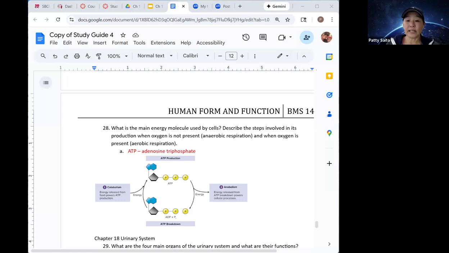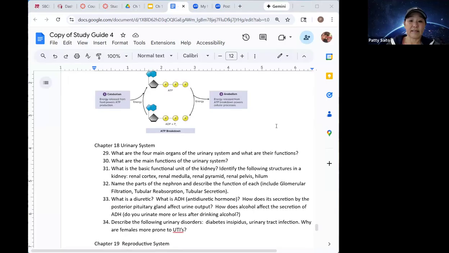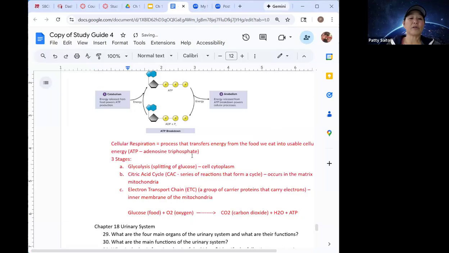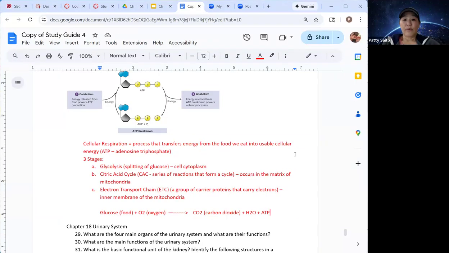Let's take a look at what this process is and how it works in our bodies. Cellular respiration is a process that transfers energy from the food we eat into usable cellular energy, that ATP.